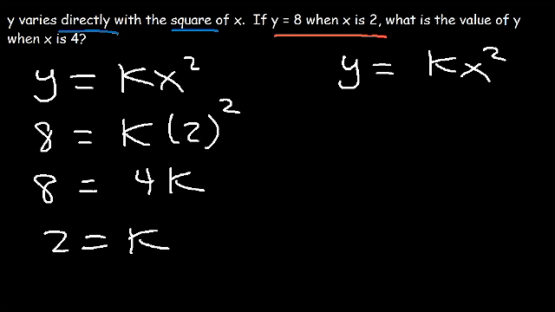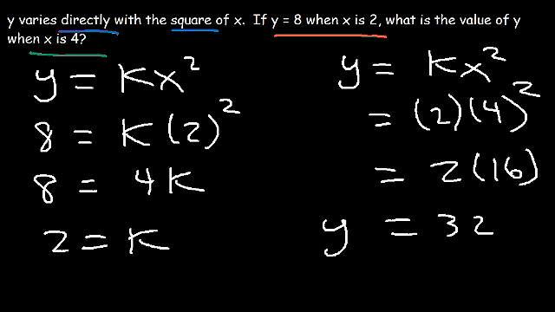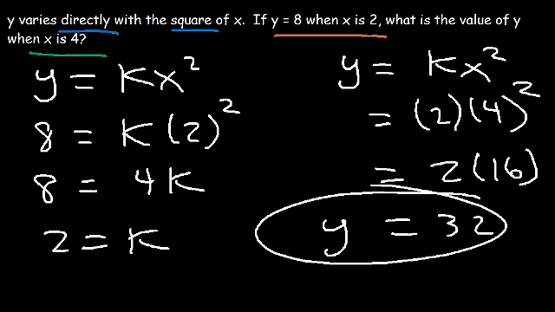So now let's find the value of y when x is 4. At this point, replace k with 2 and plug in 4 into x. 4 squared is 16. 16 times 2 is 32. So y is indeed 32, as we got it conceptually before.